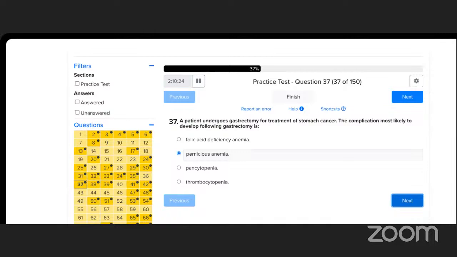Folic acid deficiency anemia, pernicious anemia, pancytopenia, or thrombocytopenia. Which one of these anemias is a complication? So if you think about when they're having the surgery, what are they removing?